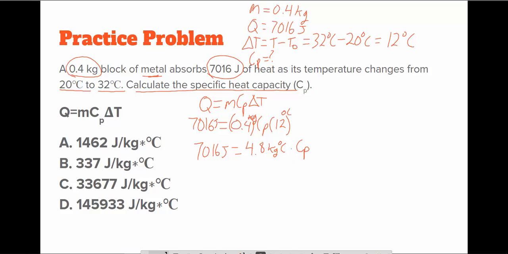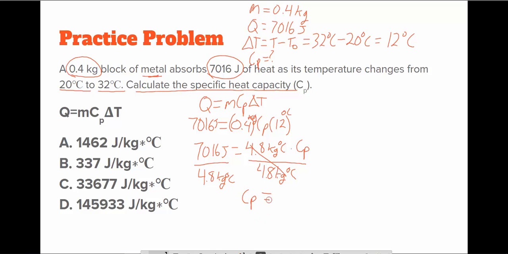Okay, so what's the opposite of multiplication? Division. So I'll divide both sides by 4.8. The kilograms and degrees Celsius will cancel.